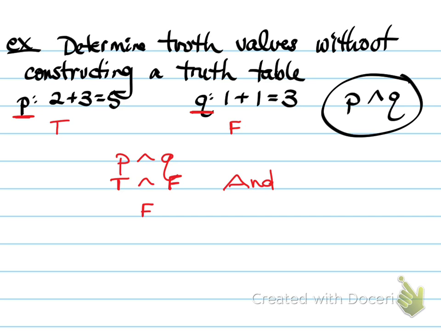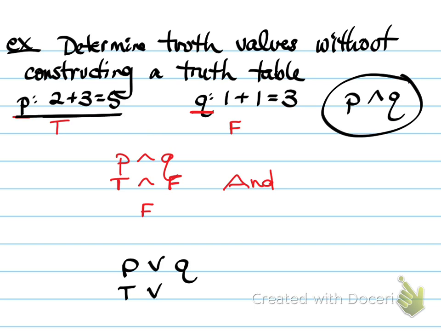Let's see. I think I have one more for you without a truth table. Let's just do the same statement there, and let's figure it out if we're dealing with P or Q. Okay, well, P is still true because it's the same value here. 2 plus 3 is 5.